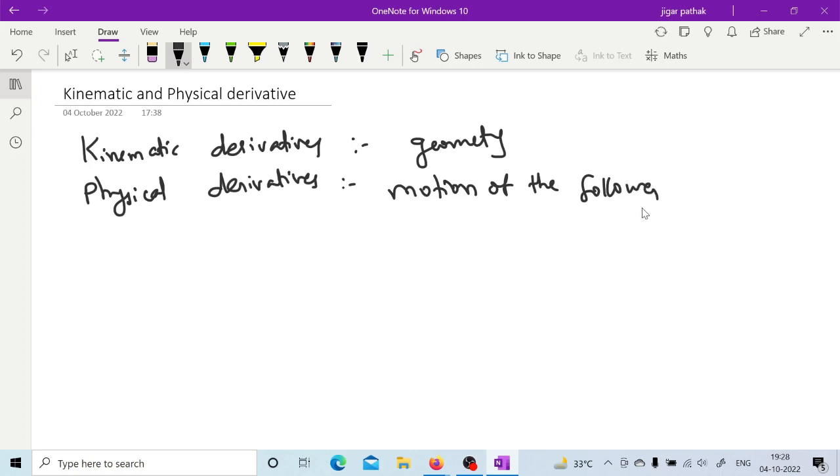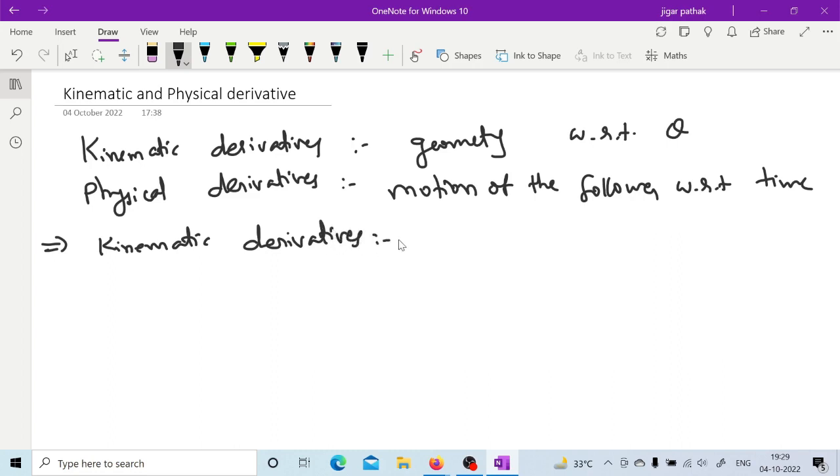Now actually these kinematic derivatives are with respect to theta, while physical derivatives will be with respect to time. So by having this primary idea, if we first see the kinematic derivatives, then let us say we are defining the follower displacement as s equal to s of theta.